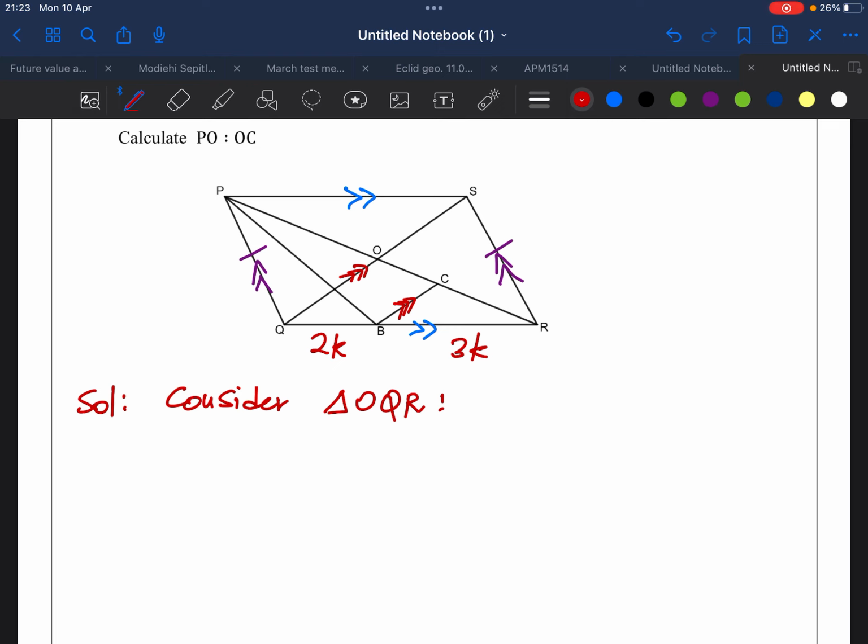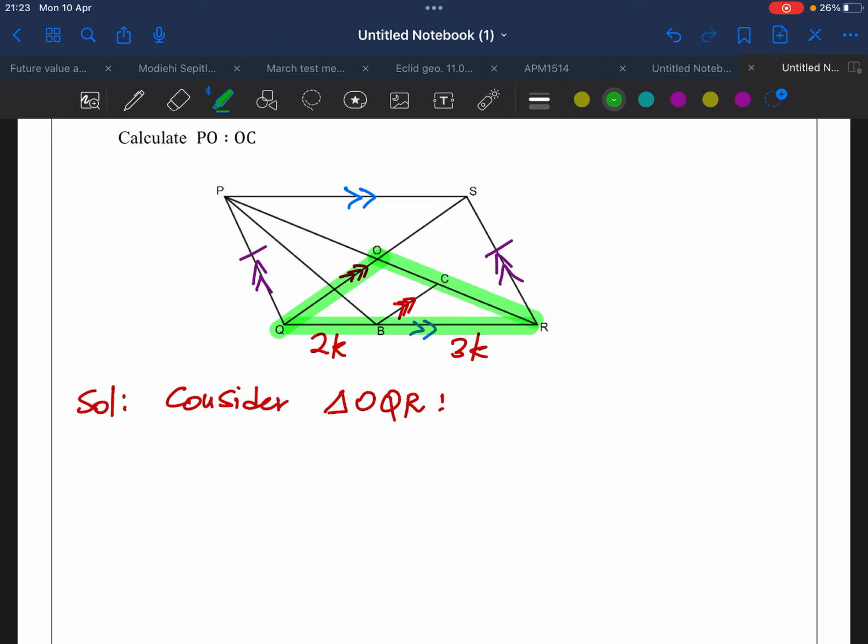Do you have an idea what we are gonna do with triangle OQR? Let us check. Where's triangle OQR? Let me highlight that. It's OQR there.